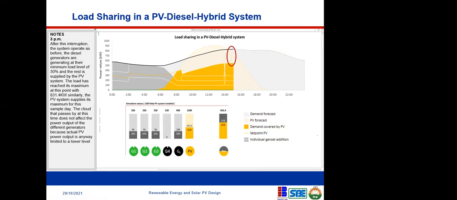Question. Does someone have a question? Yes, please. I want to find out, you mentioned something about the controller. Does the controller also sense the load demand, so that when there's a higher load demand, the generator will now pick up the load?